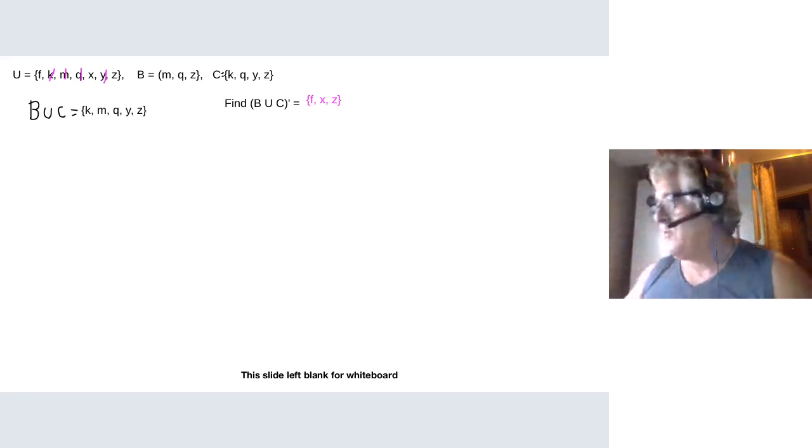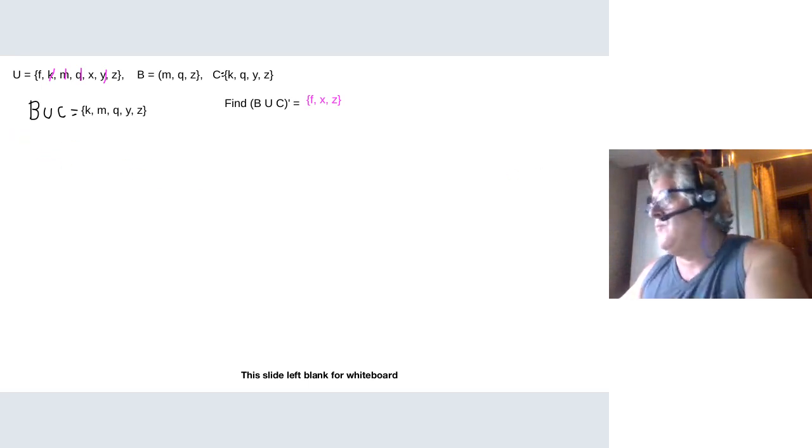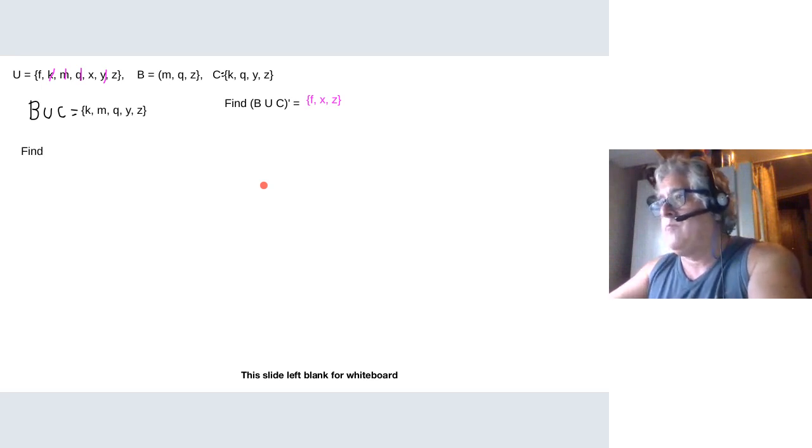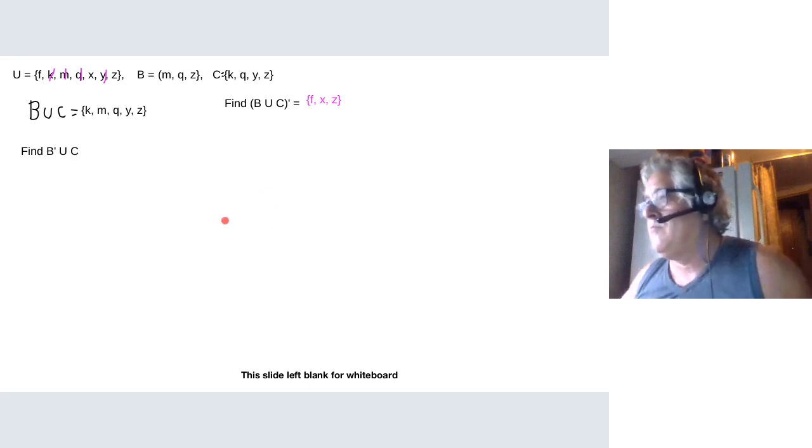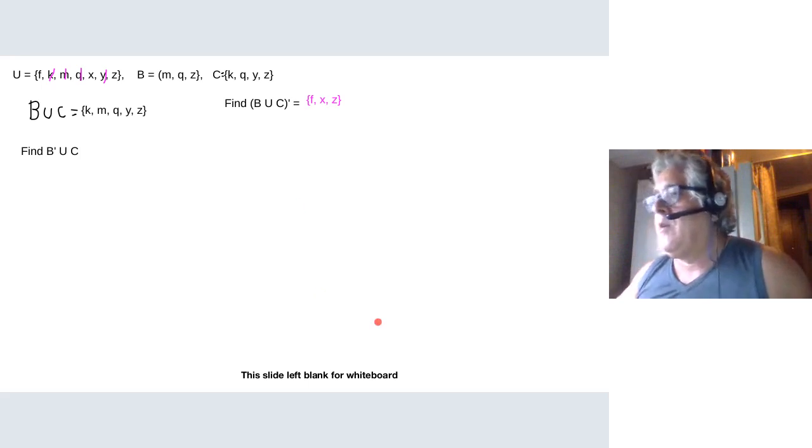And what was the other one? It was B complement union C. All right, so what we got to have in order to find that is we got to have B complement.